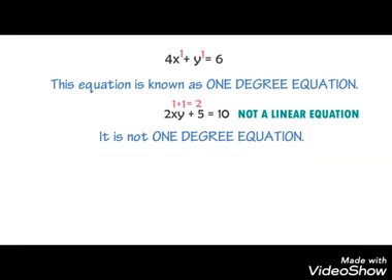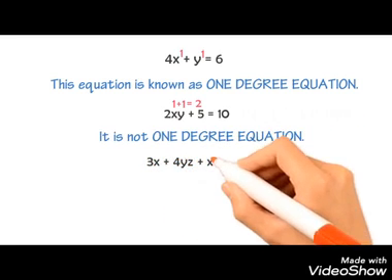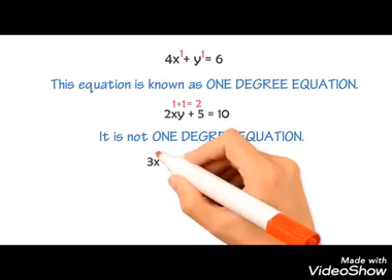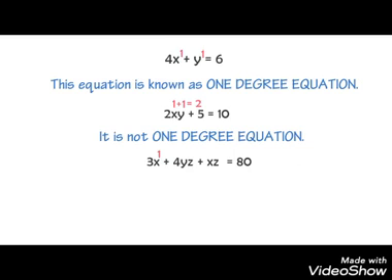Now again, if I write 3x plus 4yz plus xz is equal to 80. In this equation there are four terms. The power of first term x is 1. The power of second term y is 1 and the power of z is also 1. Hence 1 plus 1 is equal to 2.